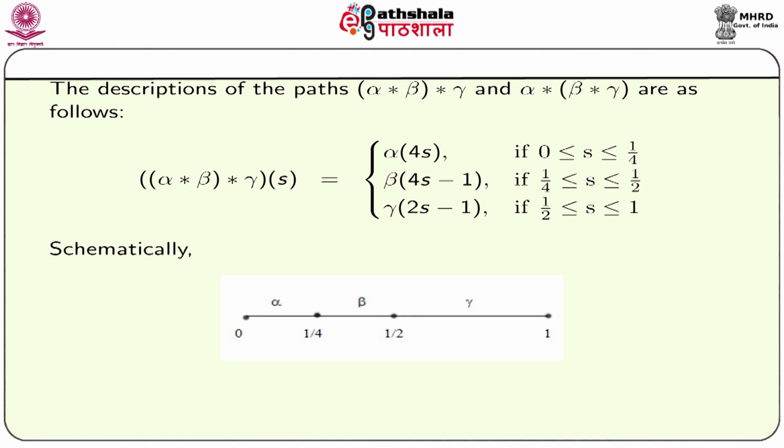Now, schematically, the closed interval [0,1] is broken up into 3 parts: 0 to 1/4, 1/4 to 1/2 and 1/2 to 1. In the first part 0 to 1/4, it follows alpha, from 1/4 to 1/2 it follows beta, and from 1/2 to 1 it follows gamma.